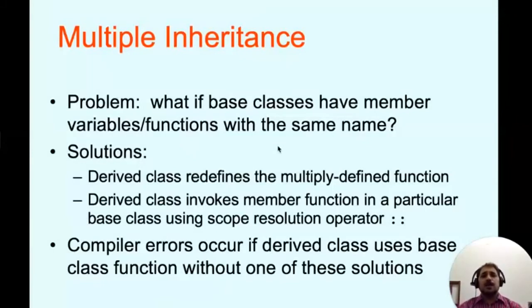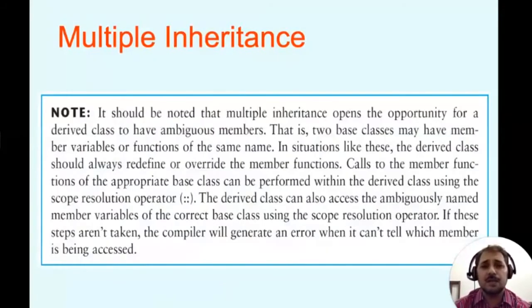Another solution, if the derived class constructor wants to call base class constructor or base class functions or any base class data members, then the derived class should explicitly use the base class name and the scope resolution operator. If you don't use either of these solutions, then the compiler will be confused and cannot decide which function to call, and an error will be generated.